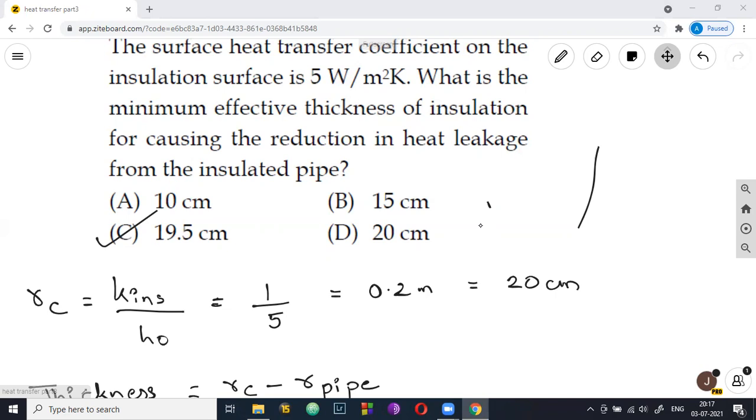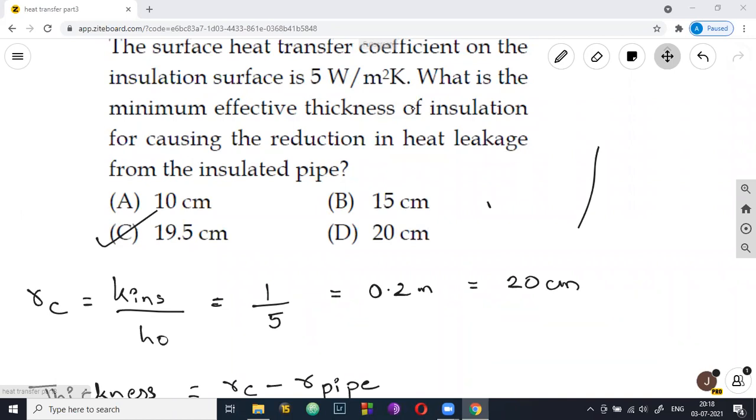Others? Riyasat, Rishi, Vidu. Okay, that's it. So I hope everyone has been able to follow this question. Now there are 2 more questions and then we'll finish the numerical side.